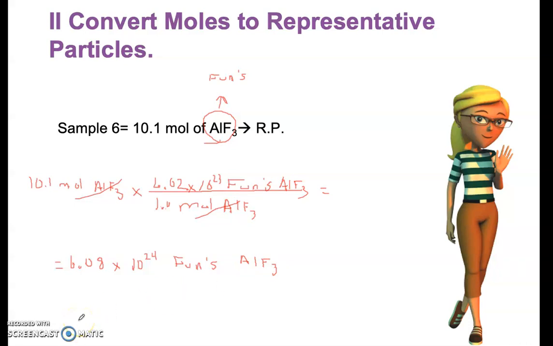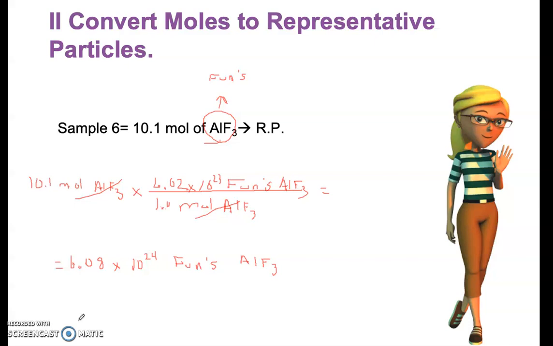For a lot of kids, moles can be a little confusing, but please refer to the mole map and note that representative particles can be 3 different types: your atoms, your molecules, your formula units. Okay, if you're confused on like, I don't even know where to start, the first thing you want to ask yourself, what is given in the problem?